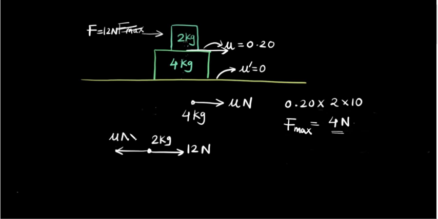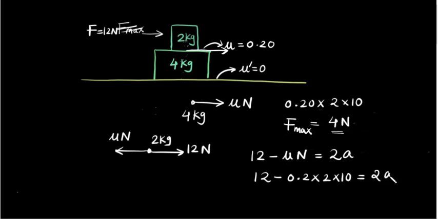Mu times N, because that is the maximum, limiting friction. So 12 minus mu times N is equal to 2 times a, right? So 12 minus 0.2 into 2 into 10 is equal to 2a.